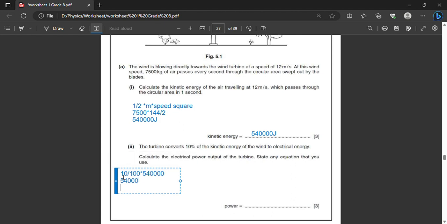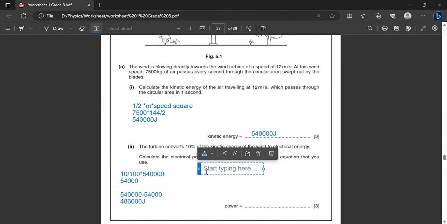Then after you get this, you subtract this from the first one. 54 1 2 3 1 2 3 4 minus 54 1 2 3. When you subtract, you get 486 1 2 3 joules. This is the energy that's transferred.